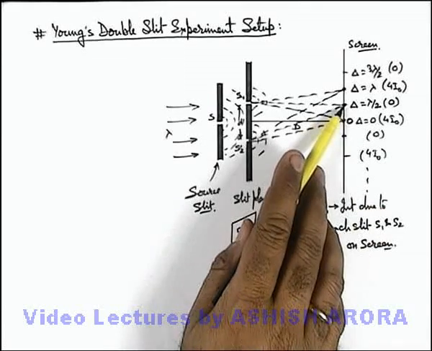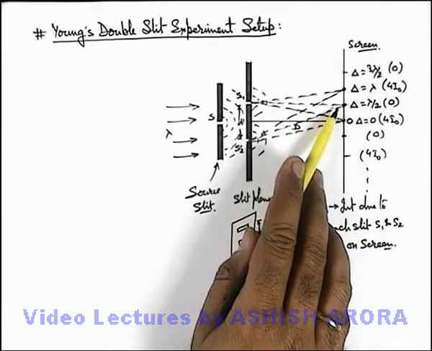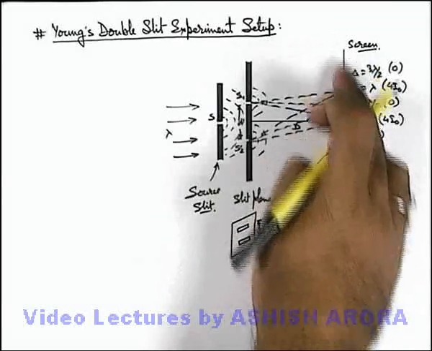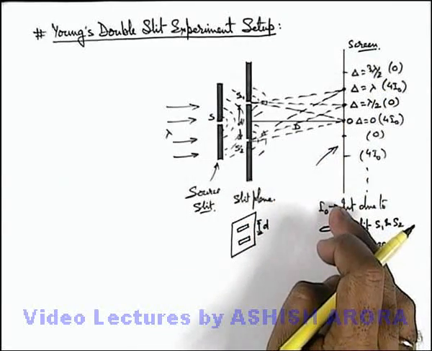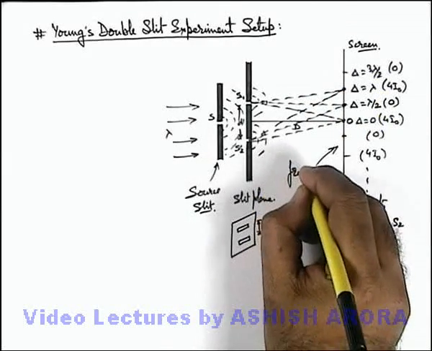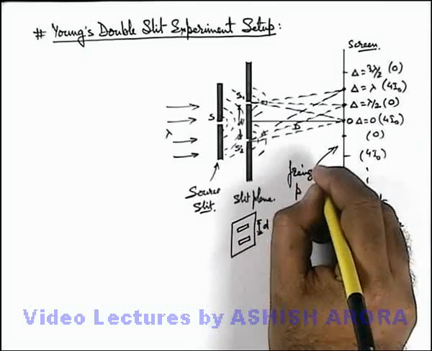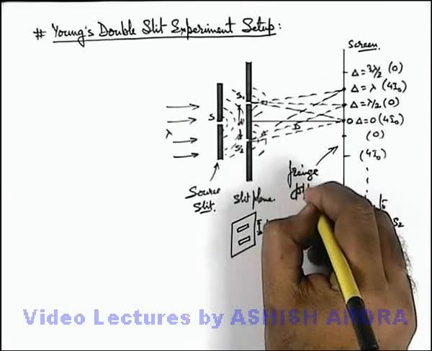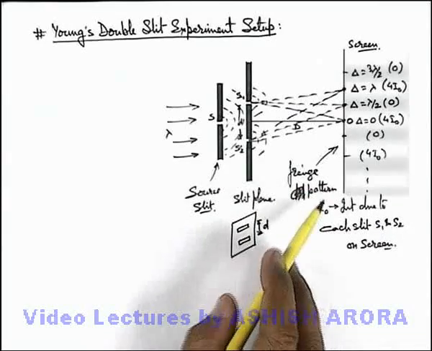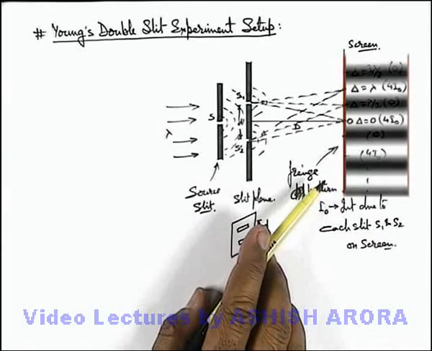Such regions of equal intensity on the screen are called fringes, and this whole pattern of variation of light obtained on the screen we call the fringe pattern. A typical fringe pattern can be seen here.